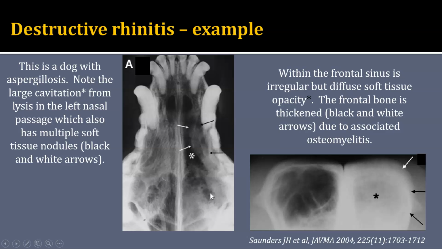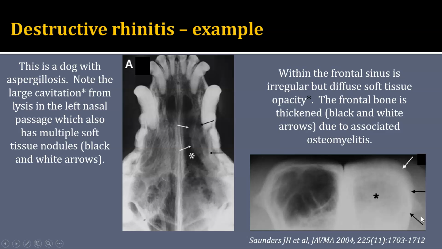Notice that there's quite a bit of lucency in here, which is this large cavitation of lysis. And then oftentimes these dogs have smaller nodules of soft tissue, which are the granulomas of the fungal disease. This area depicted by the arrows shows nodular soft tissue opacities that are the fungal granulomas.